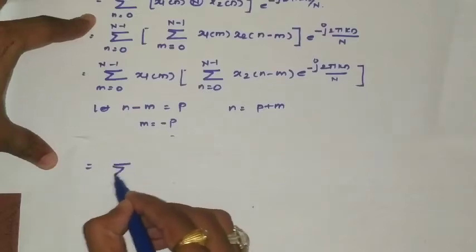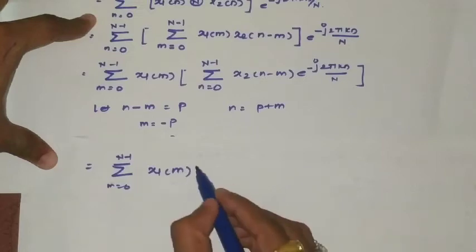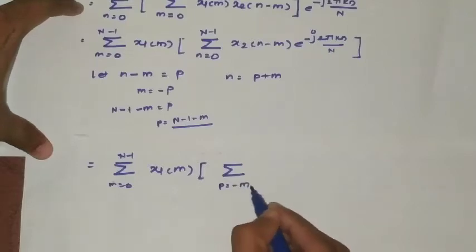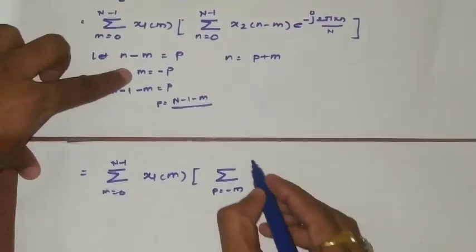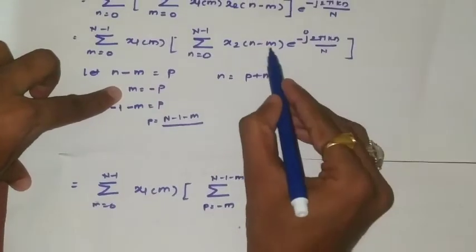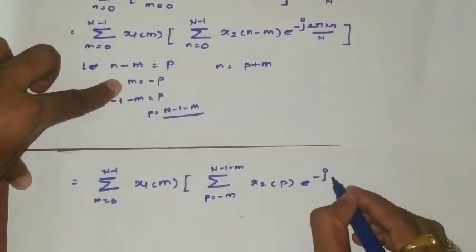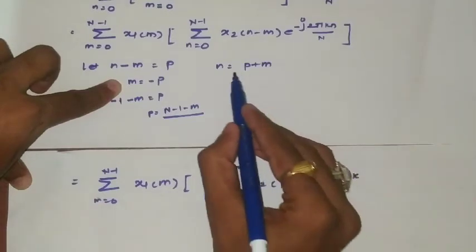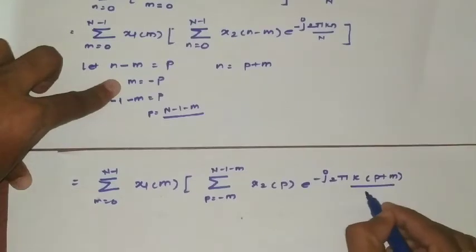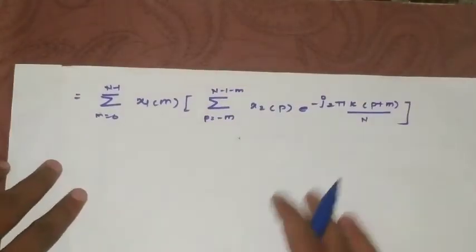We put the first term as it is, summation m equals 0 to N minus 1 of x1 of m, into the summation with the changed limits: p equals minus m, as you can see here, to the upper limit N minus 1 minus m, of x2 of p, instead of n minus m, into e raised to minus j 2 pi k, and instead of n we put p plus m, so this is p plus m, divided by N. Now we have to simplify this term.